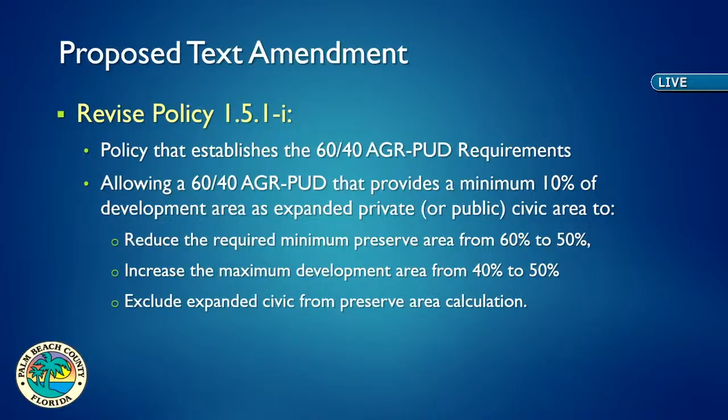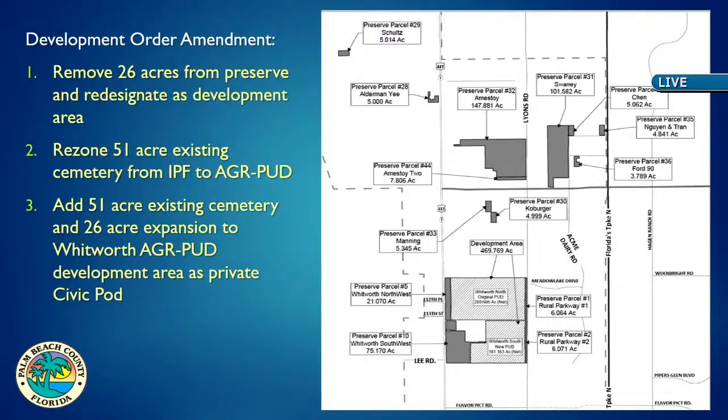In addition, the applicant is proposing to exclude the expanded civic area from the preserve area requirement. So if the board initiates the text amendment, there's no associated future land use amendment proposed, as the uses are allowed in the agricultural reserve future land use designation, which is the current land use designation.